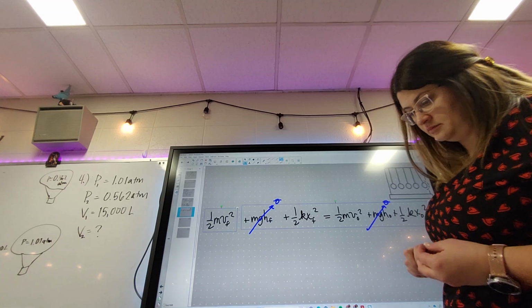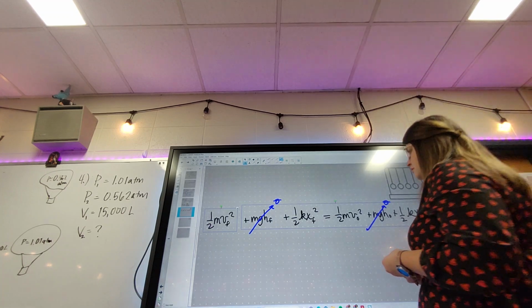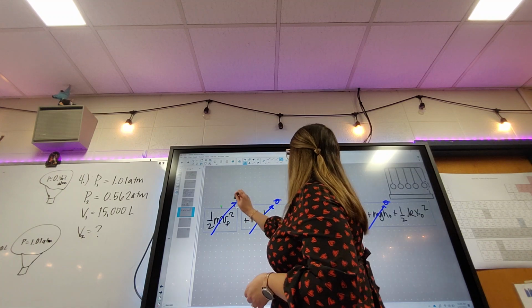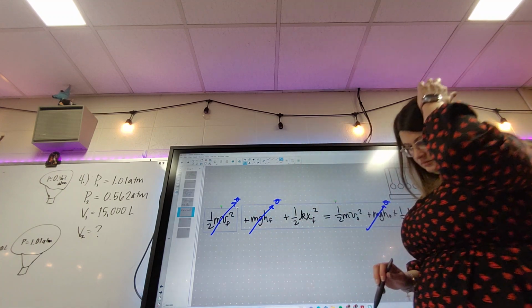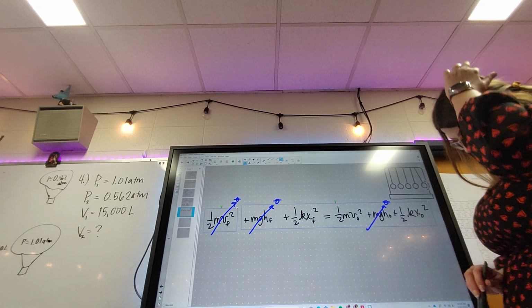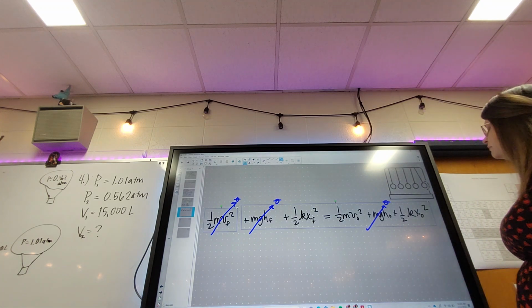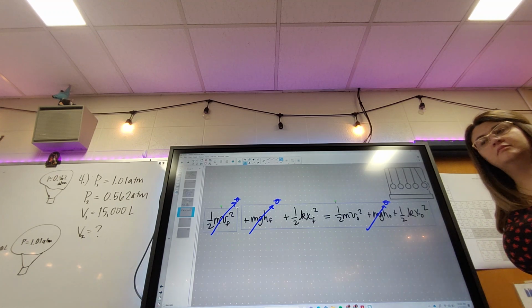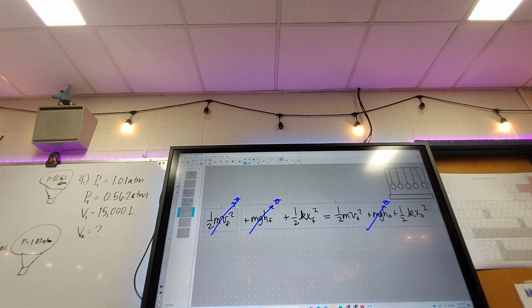Our final velocity is 0. And if we have a spring, don't we have both x's? One of them might be 0.